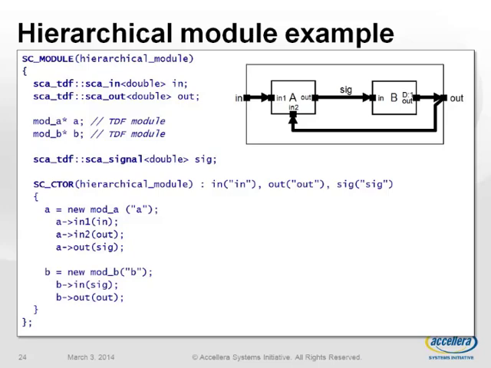That means here we instantiate module A and connect in1 of module A with this in port, in2 of module A with this other port, and the out port of this module with this internal signal. And here we instantiate module B, connecting it to this signal and connecting its output to this output. This is a classical netlist description, like you know it also from other languages.